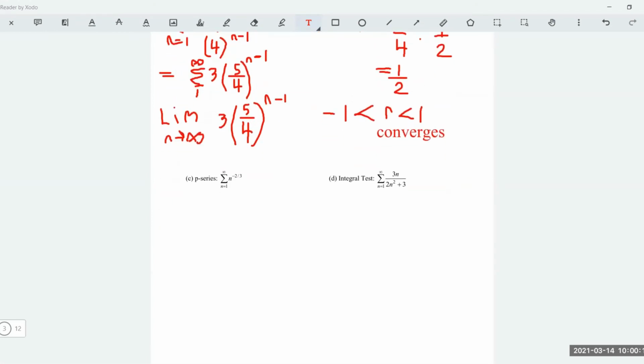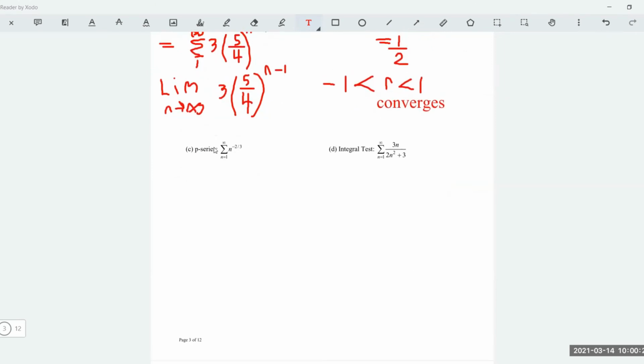Now this question, part C, says to determine if it converges using the P-series method. The P-series method is the power series method, and all it states is that anytime the power is less than 2, it diverges.